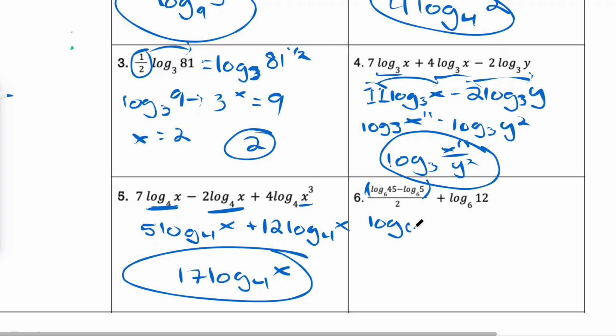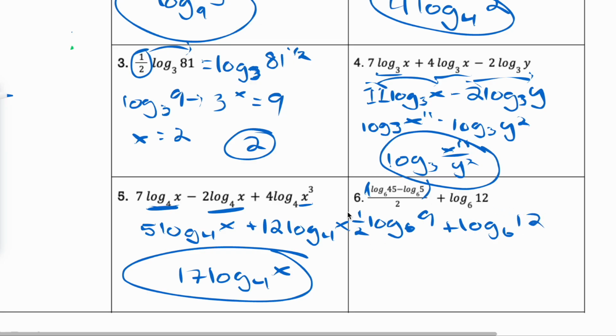Oh, sorry, log base 6 of 9. And I'm going to put this 1/2 out front, like we talked about. Okay, so we have 1/2 log base 6 of 9 plus log base 6 of 12.